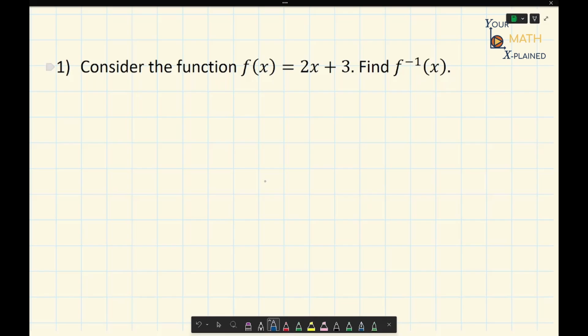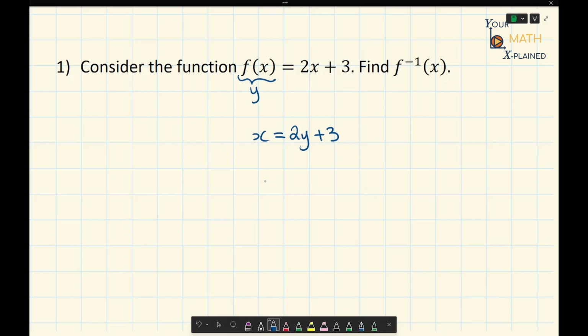Note that f of x is really just the y value. So we have y is equal to 2x plus 3. To find the inverse, we're going to take our y and our x, and they're going to switch places. So we start with x is equal to 2y plus 3.